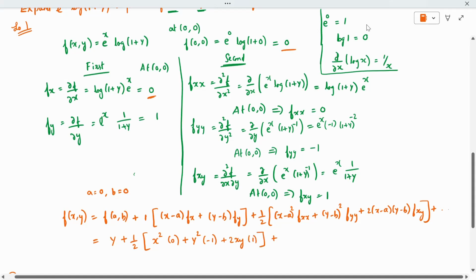So you write it now in the simplified form. F of x comma y is nothing but y minus y squared by 2. In this 2 gets cancelled, plus xy plus etc. So this is our answer. We are getting it in a very simplified form.